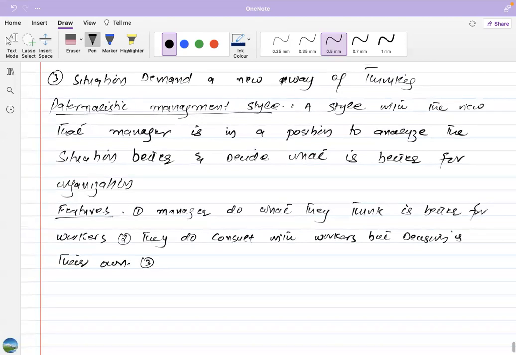And that's why we say they sell the decision. It means they convince them that whatever we are saying is right. They sell their decisions to make workers happy.